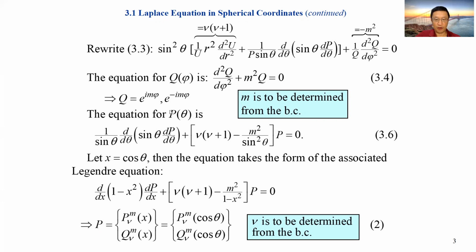The equation for p theta, once again, becomes this one divided by this one, right? M squared, p. That's not convenient. Looks complicated. So let's substitute x. Let's let x equal cosine theta.